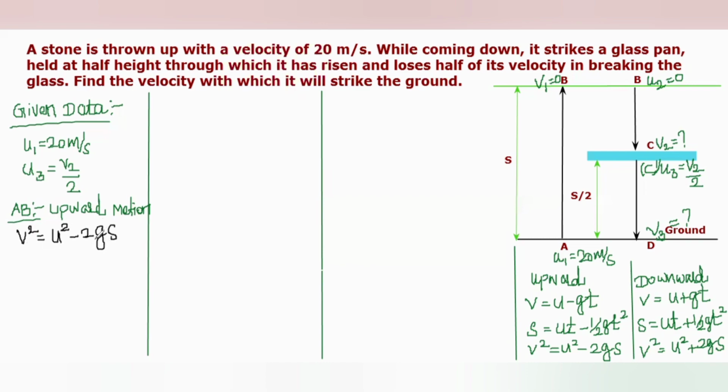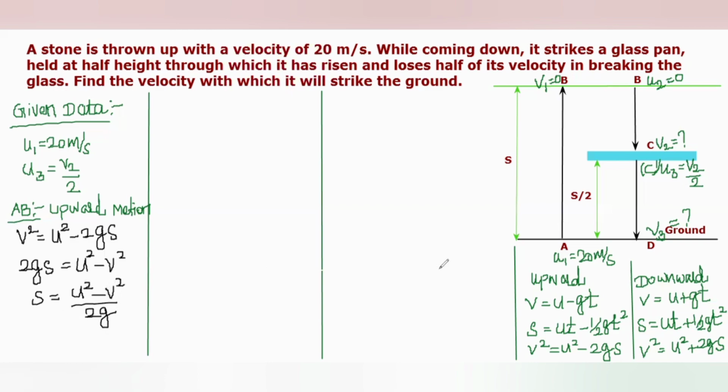I'm going to modify the equation, since we are going to find only S. So we can write 2GS equals U square minus V square. Then S equals U square minus V square divided by 2G. This is the general equation.